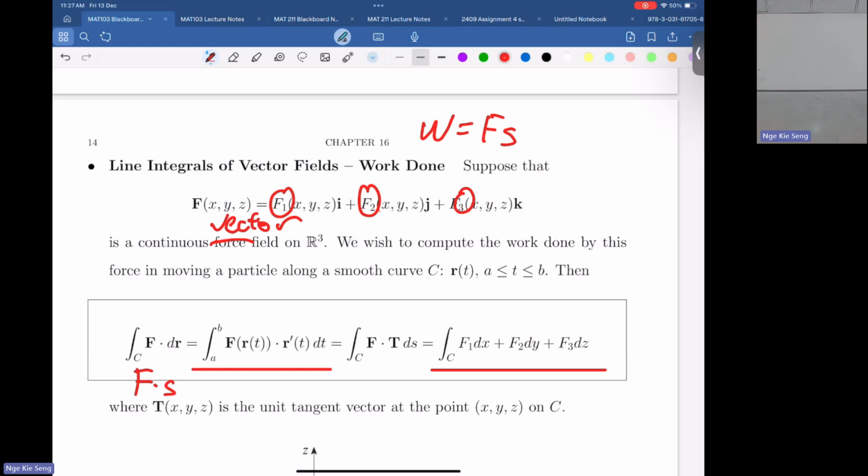We don't pair F1 with dy or dz. We pair F1 with dx, F2 with dy, and F3 with dz. Why? Because 1, 2, 3 correspond to the three directions. So there's no contribution of F1 in the y direction and the z direction, no contribution of F2 in the x direction and the z direction, and similarly for F3.